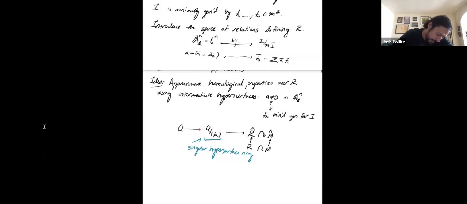For example, thanks to David Eisenbud's theory of matrix factorizations, we know all minimal free resolutions over such rings are eventually two periodic and given by a matrix factorization.